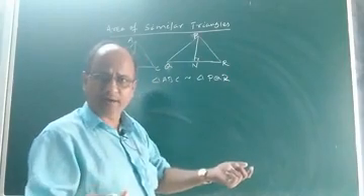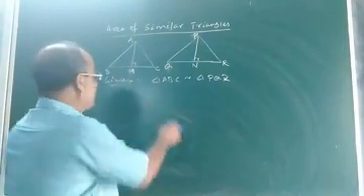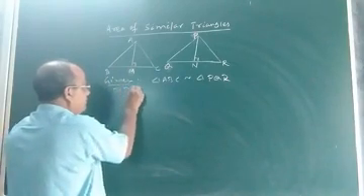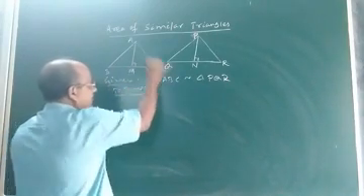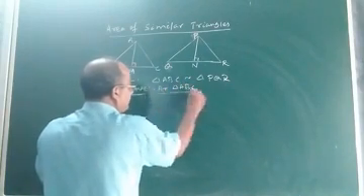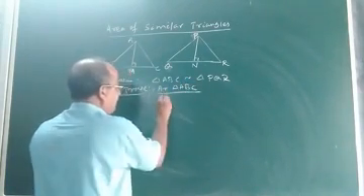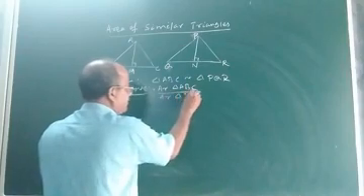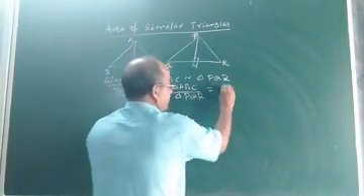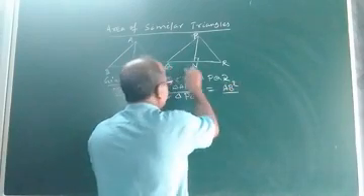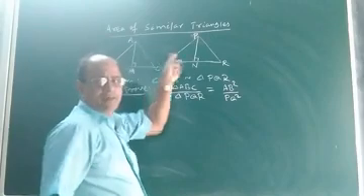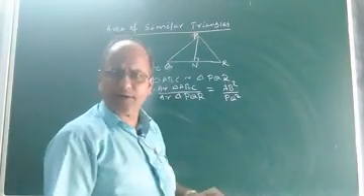So how to prove? Let us discuss the proof. You are given only this, so what will you prove? You will prove that the ratio of the areas, that means area of triangle ABC divided by area of triangle PQR, will be equal to AB square by PQ square, because AB and PQ form one pair of corresponding sides.